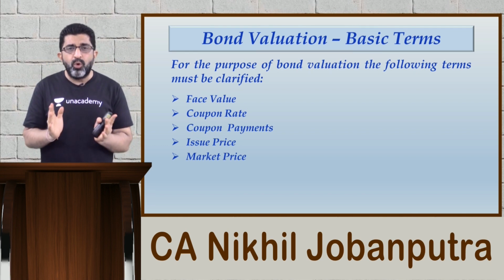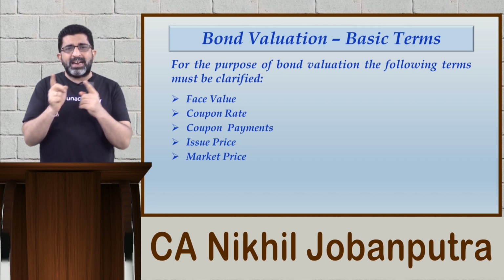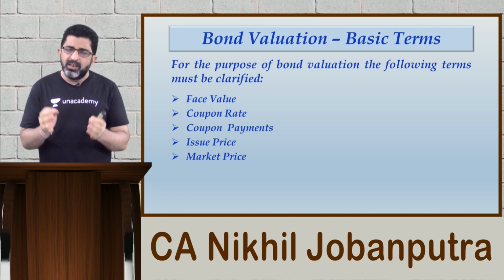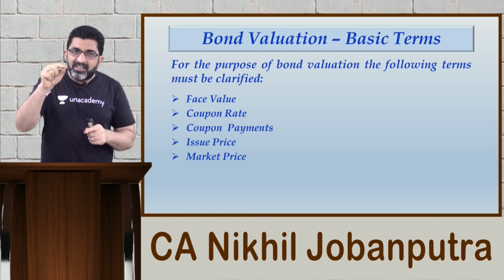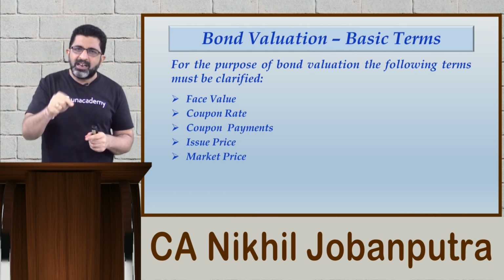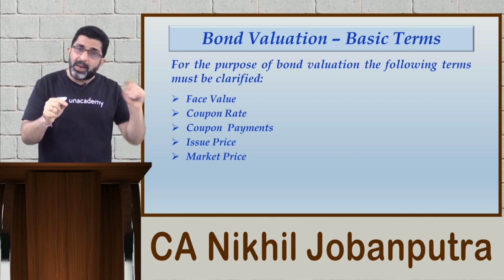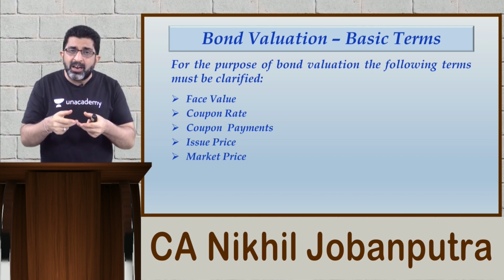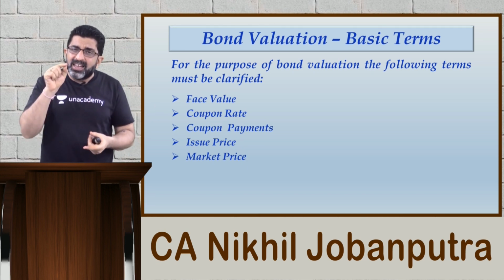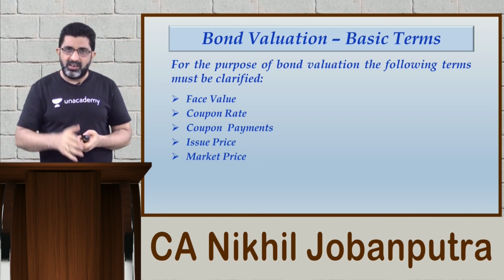Now once you know what activities are observed in the primary market and what activities are observed in the secondary market, you can also be clear with one thing, that the issue price can be considered as a market price. The issue price can be considered as the market price of the primary market, whereas the quoted market price, or simply the market price, is basically the price prevailing in the secondary market.